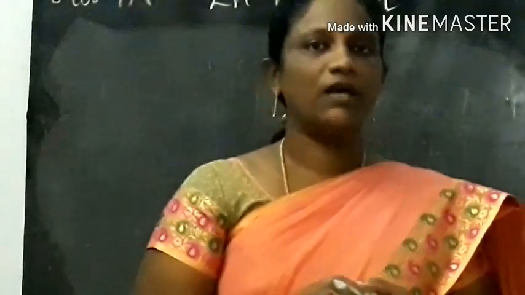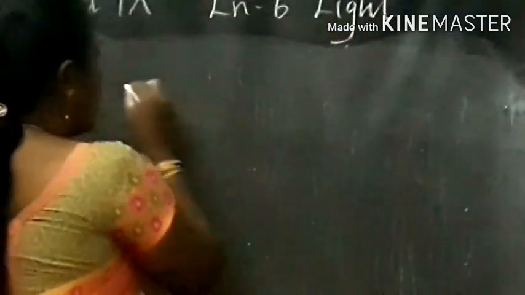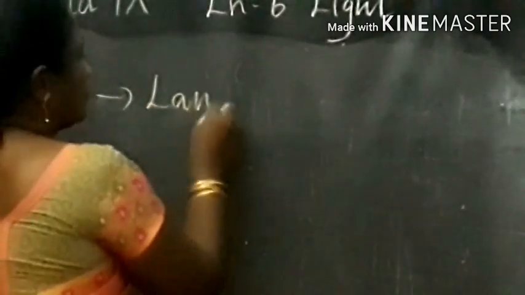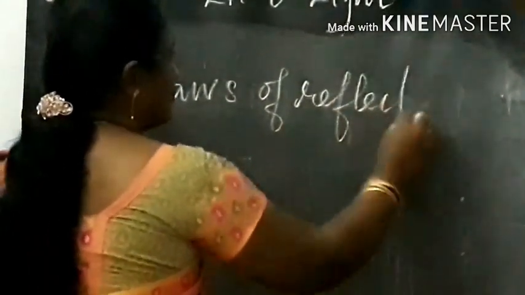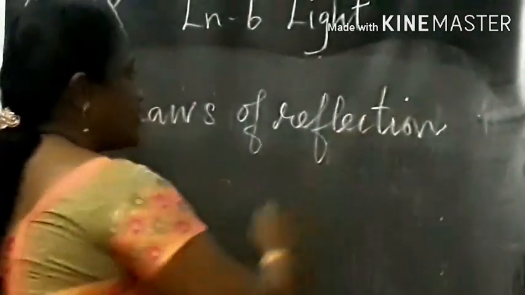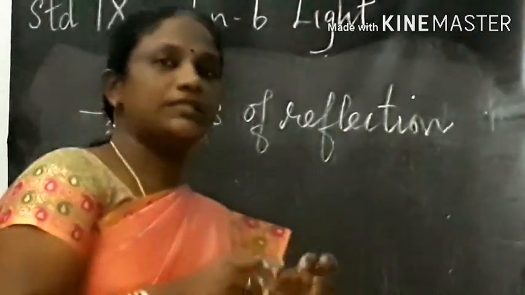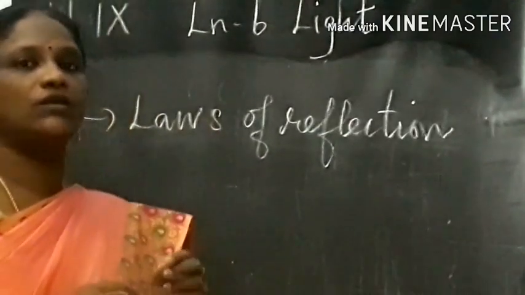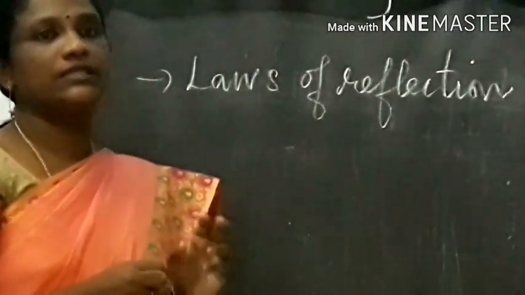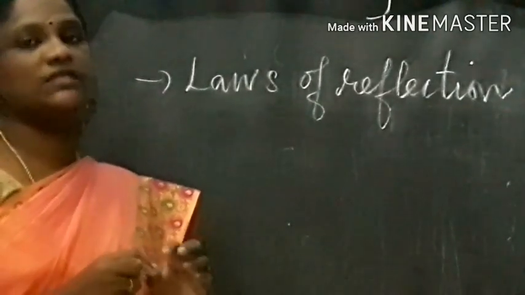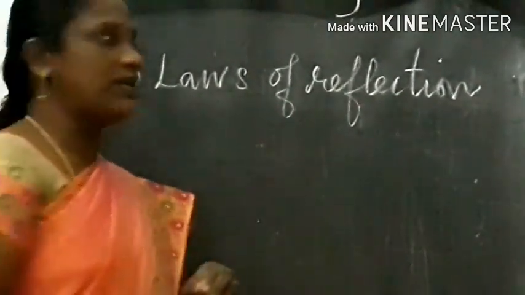In today's class, we have learnt about the laws of reflection. The first law is that the incident ray, the reflected ray and the normal all lie in the same plane. And the second law is that the angle of incidence will be equal to the angle of reflection.